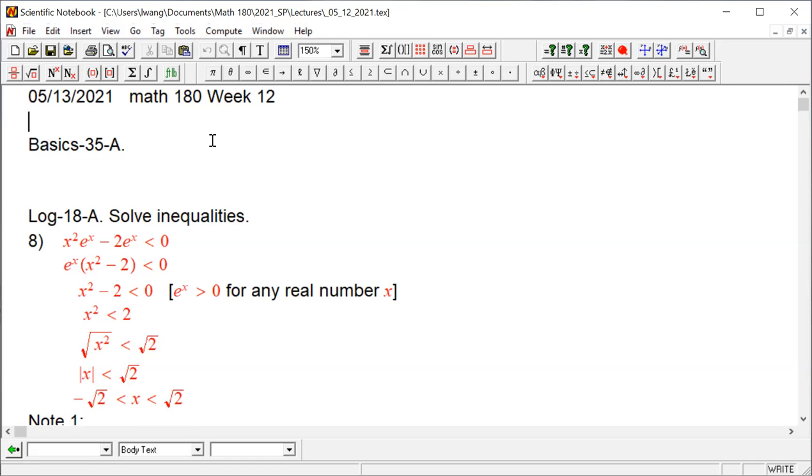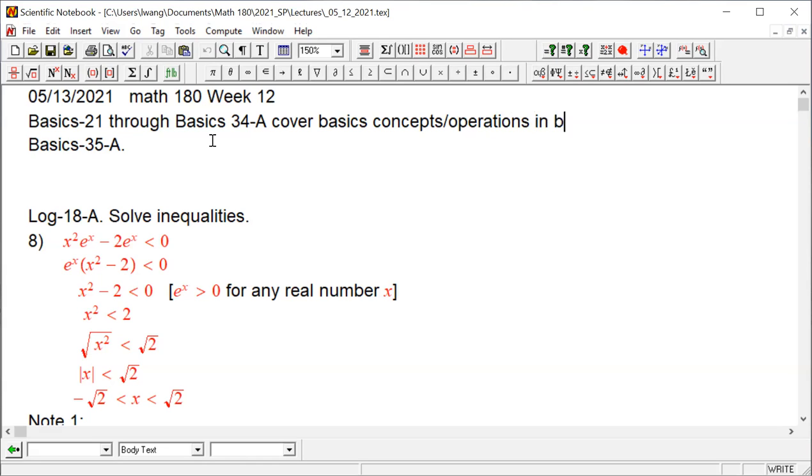So let me write it down. Basics 21 through basics 34A cover basic concepts and the operations in basic algebra.